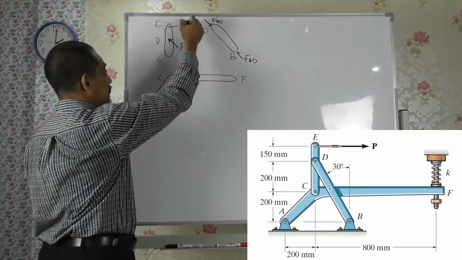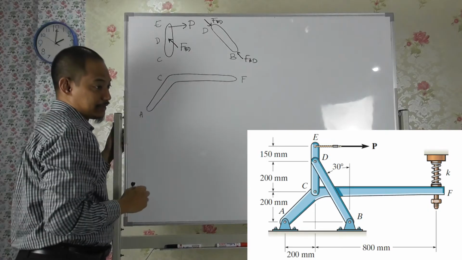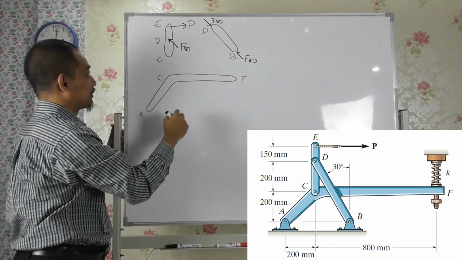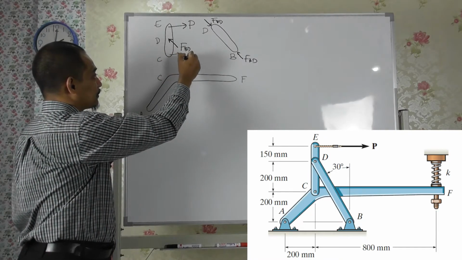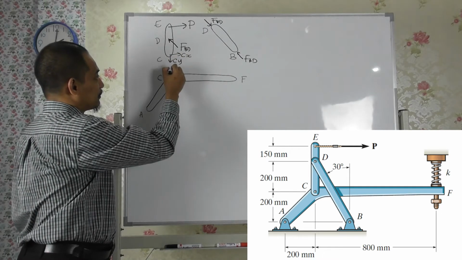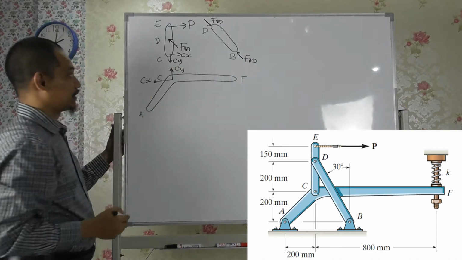So here we have P, and then at point C, you'll have X and Y component, right? Because this is pin connected. So let's say CX is like this, CY is like this, right? CX, CY correspondingly.